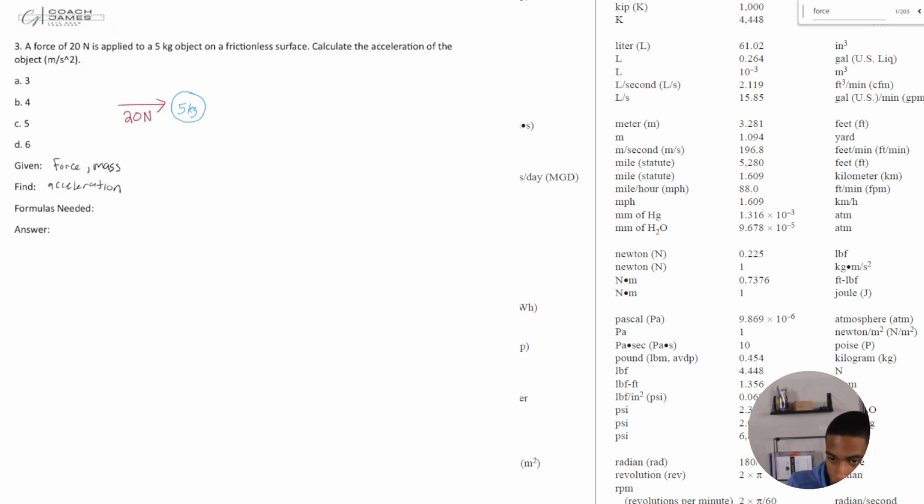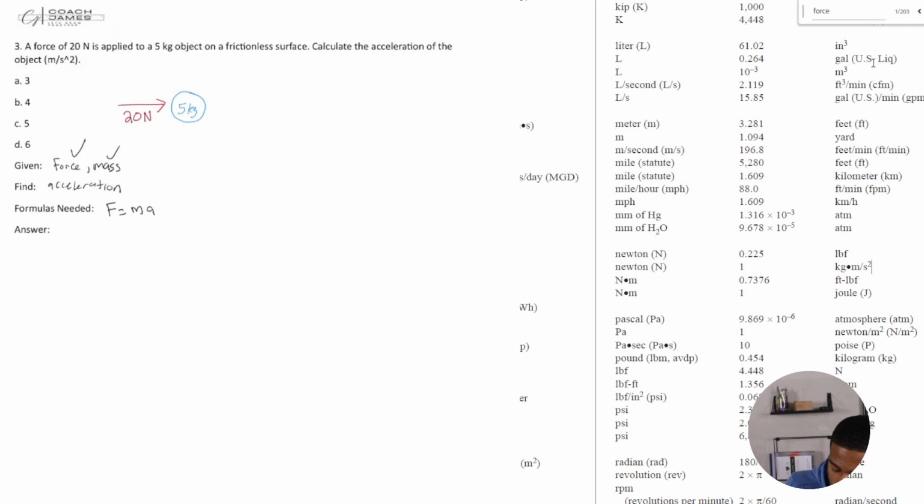So again, we know that we need to use F is equal to mass times acceleration. If we have force, we have mass, we just have to solve for acceleration. And our units need to be in meters per second squared.